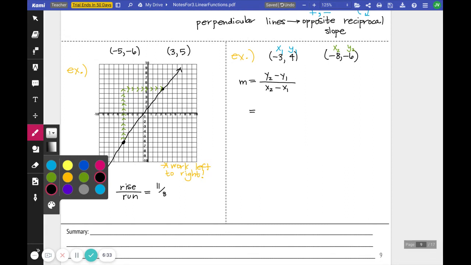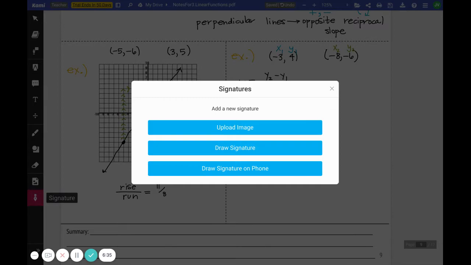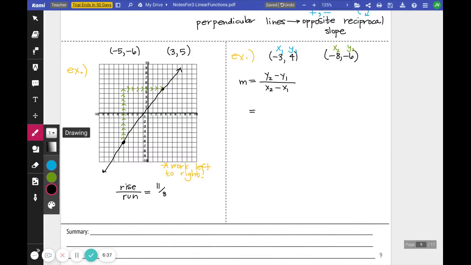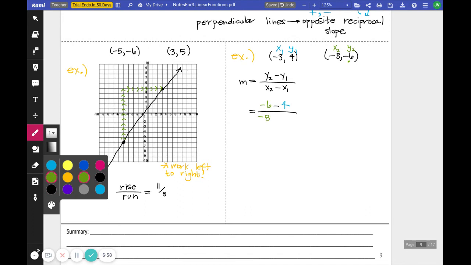In the first spot, it says y2. So according to this labeling I just did, y2 is -6 minus y1, which is 4, over x2, -8, minus x1, which is -3.